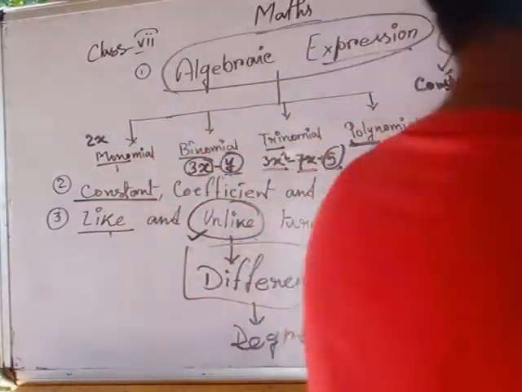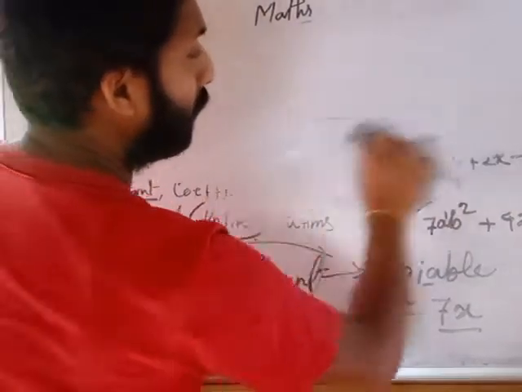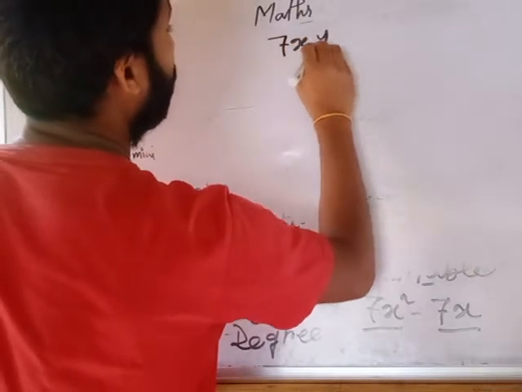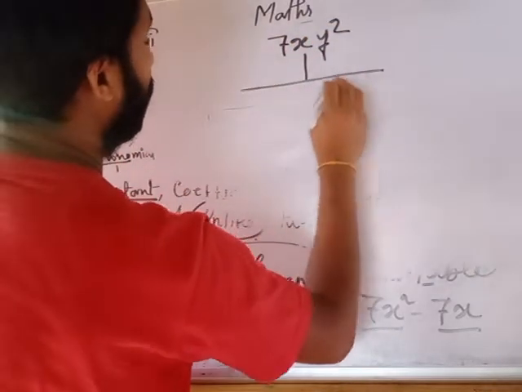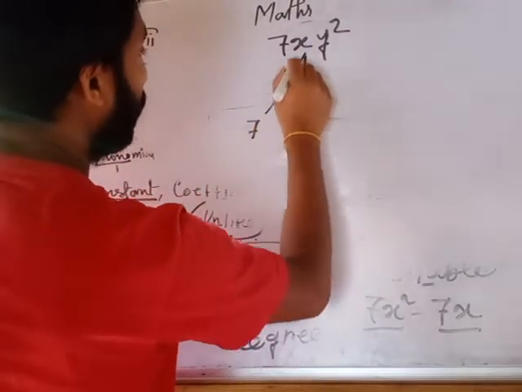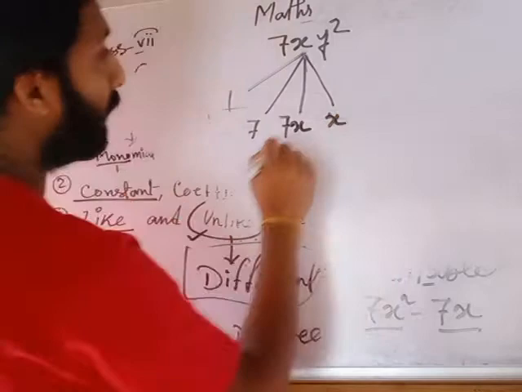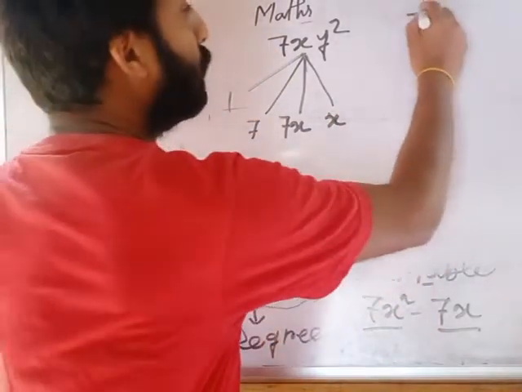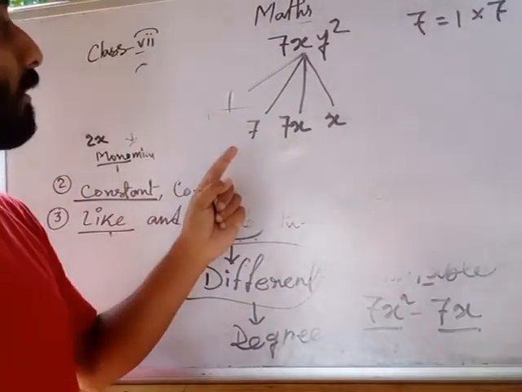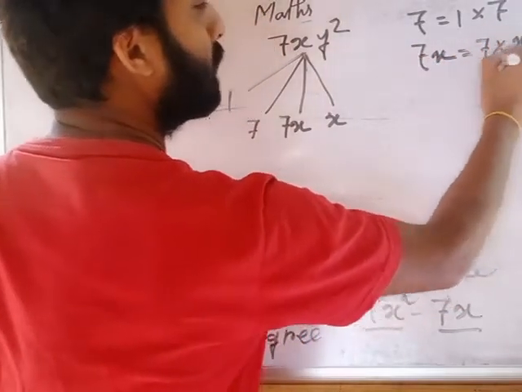Okay, next I will tell you the factor tree method. I know I already taught it, but I will tell you again. 7xy square. Not necessary to write 7 also 1, 7x, only x, because at first 7, if we factorize 7, it is 1 multiplied with 7, that is 1 and 7. After that 7x, that means it is 7 multiplied with x, 7 and x.